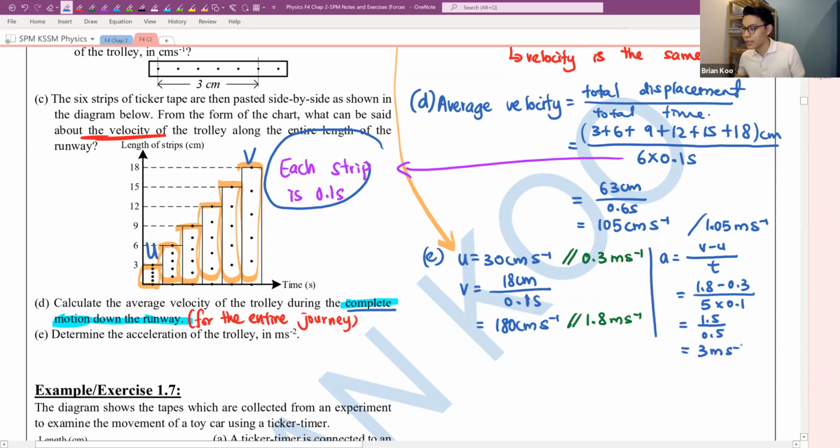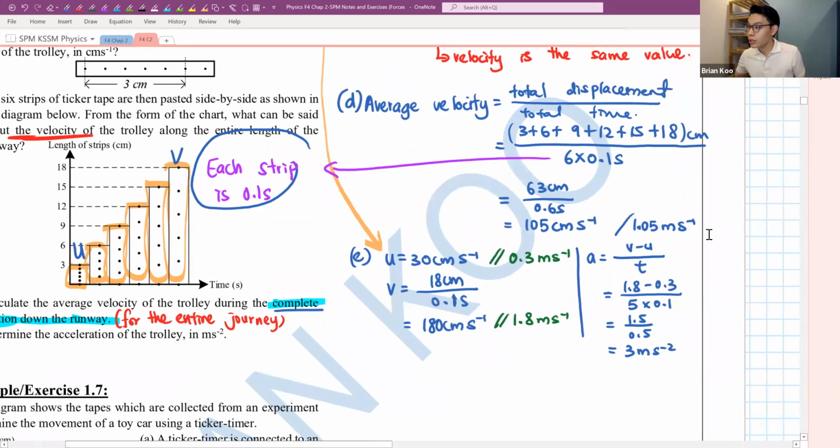This is in meter per second squared. I could have done cm also. Your working could look like this. They're both correct. Just do either one.